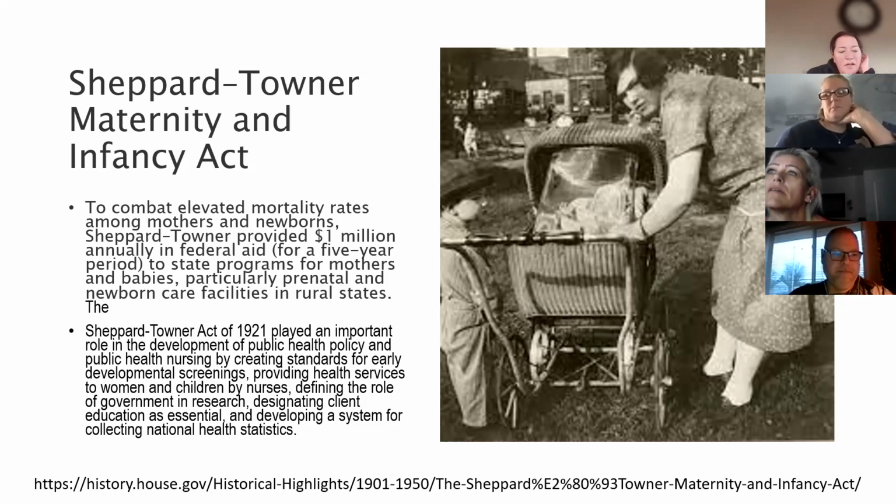And I may say the Shepherd-Towner Act did the following: created public health policies, developmental screenings, for women and kids. Just remember the maternity part and the infancy. So it had to do with moms and kids, government and research, and education. That's really a definitional one that I want you to know. Just know what it is.